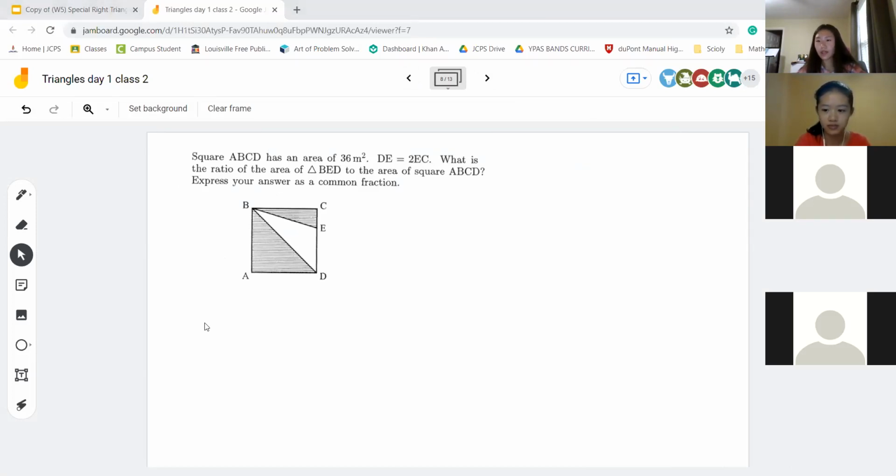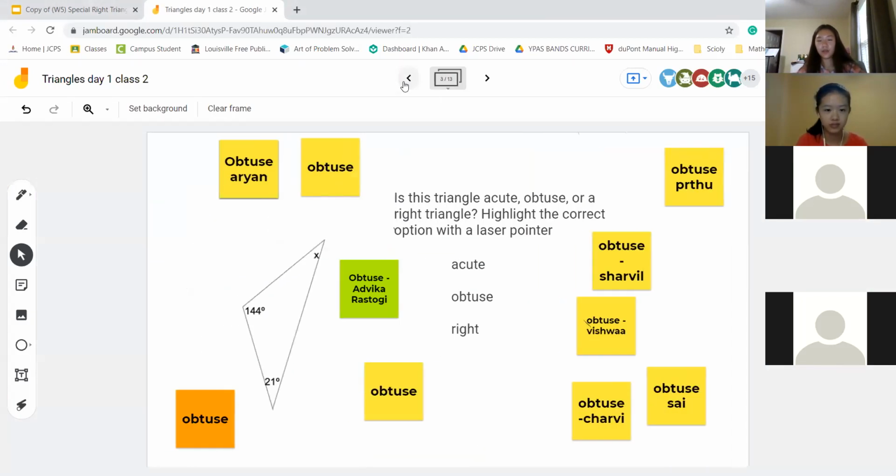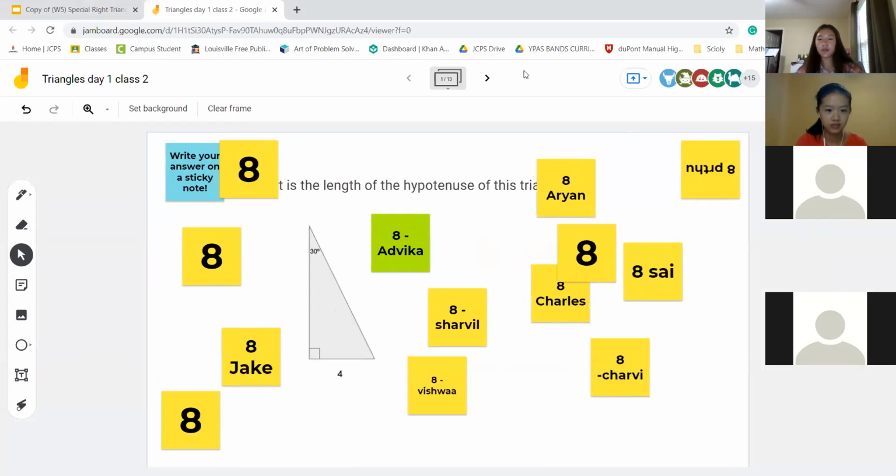Caitlin, are you on your phone or a laptop or a computer? Oh, okay. Can you see my screen? Okay, so I'll go through these, and for each of them you could just type your answer in the chat, and I'll move to the next one if you want to do that.